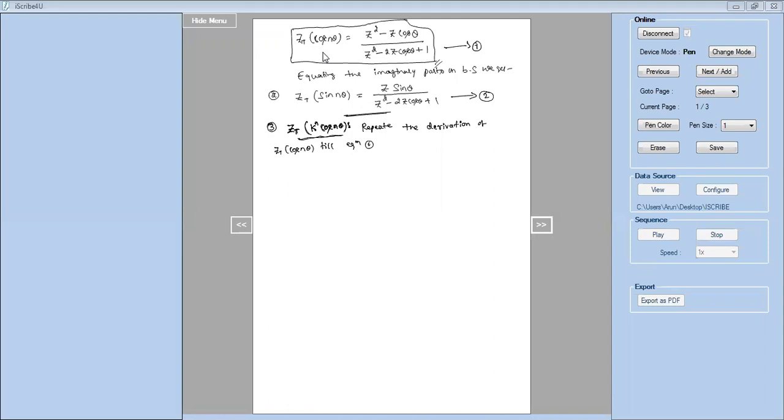I mean, up to this you repeat it. So once you repeat, you get this Z transform of cos n theta.